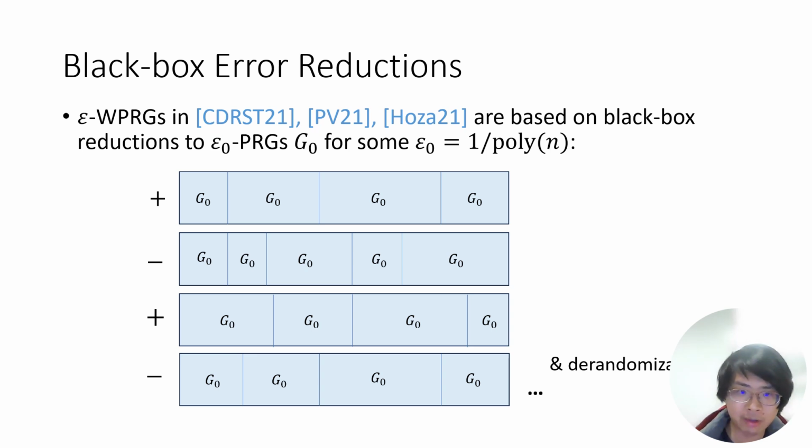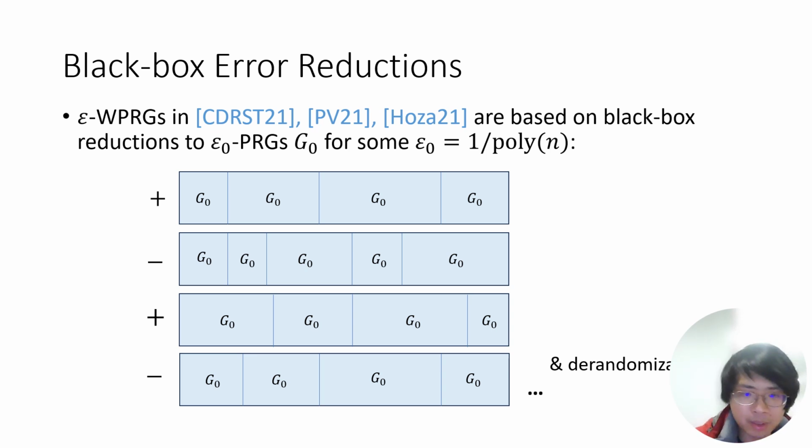I also want to point out that some weighted PRGs in the most recent works are basically a black-box reduction from weighted PRGs with very small error to PRGs with moderate error, where moderate means 1 over poly error. The black-box reduction roughly looks like this: we take the big read-once branching program and break it into several blocks.